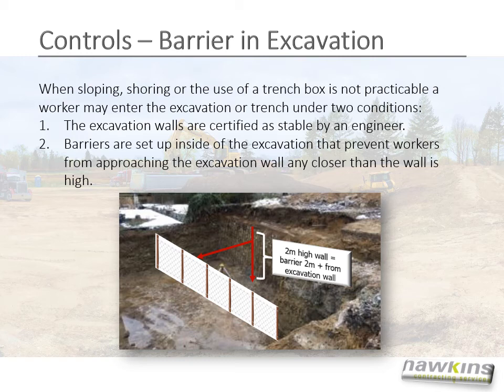In this example, you will see how a barrier was set up no less than 2 meters from an excavation wall that is 2 meters high, thereby preventing workers from approaching the wall into unsafe areas. This system would need to be set up for multiple walls if the same scenario exists in the same excavation or trench.